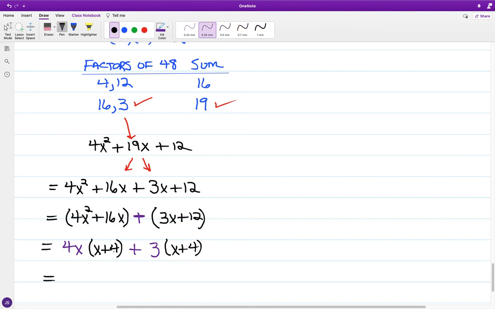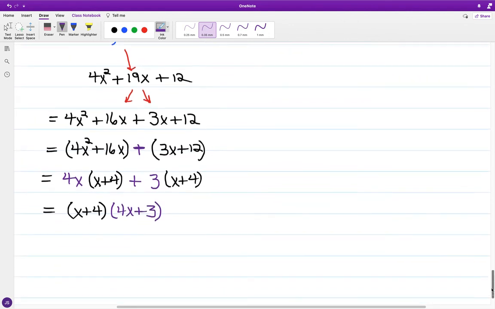And if you notice, we have a common factor from the pairings, x plus 4. And the other factor is going to stem from the outside terms and operations. So we want to have 4x plus 3.